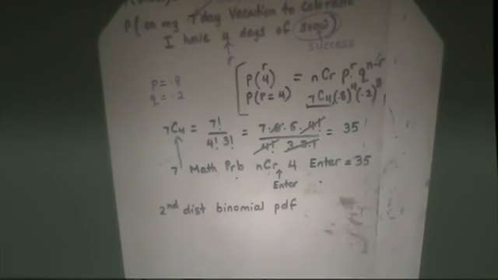Here we are. Second distribution, and then scroll down till you get to binomial PDF, which is A on the TI-84 Plus. Hit enter.